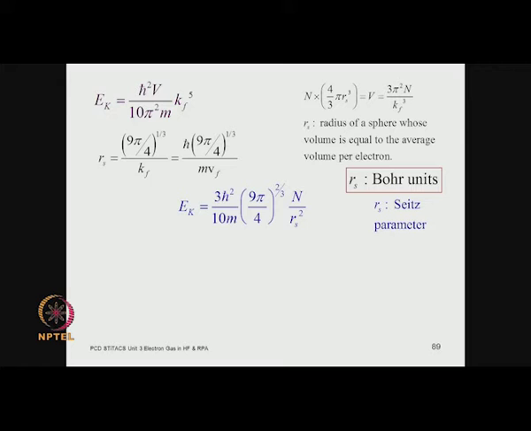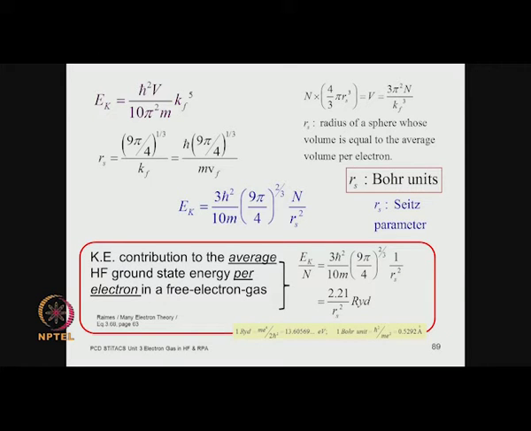So, if you divide both sides of this equation by the number of electrons, you get the kinetic energy contribution to the average self-consistent field Hartree-Fock energy, which goes as Ek over n, and we find it to be 2.21 over Rs squared. So, I think a few days ago, Vedant did some calculations to check that this number actually turns out to be 2.21. So, you can do it quite easily.